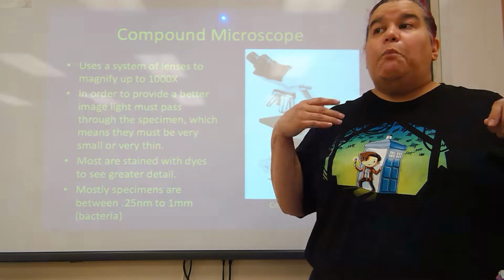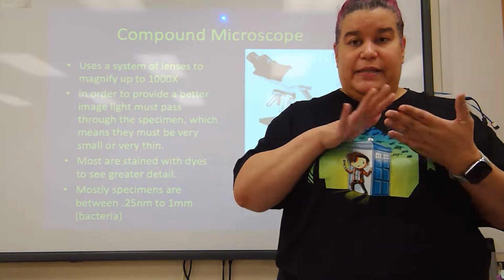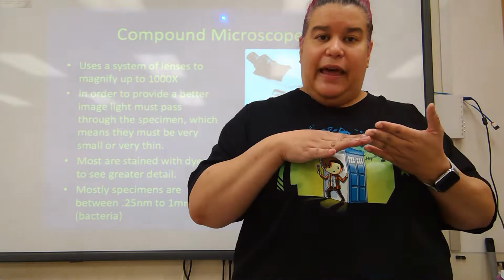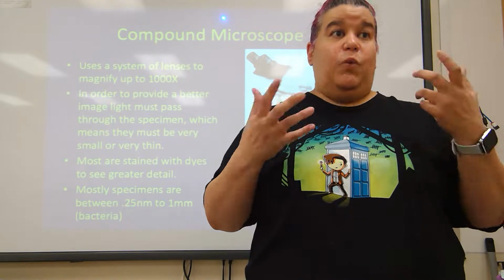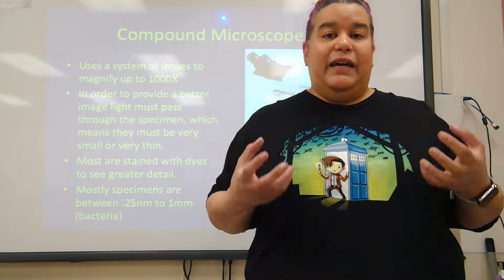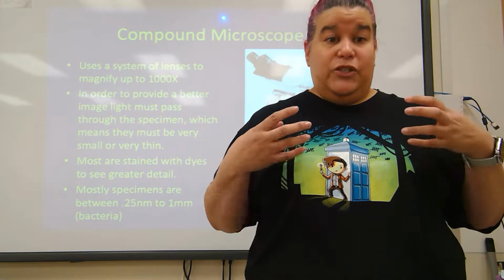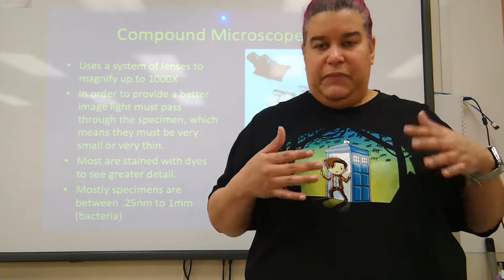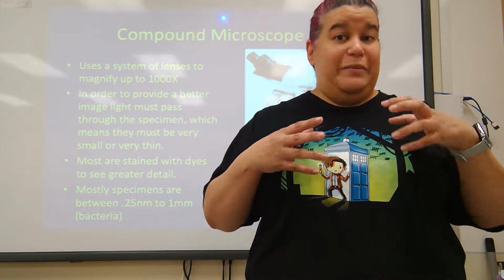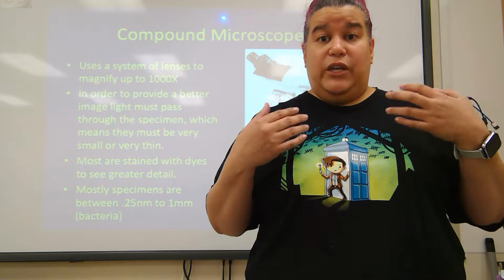Most of the time, when you've got a specimen that has been sliced like that, or for that matter, bacteria, which is what we would use, the light coming through it will not allow you to see detail because it is so thin. There's not going to be a shadow. There's going to be nothing there for you to actually contrast enough with so that you can see it.